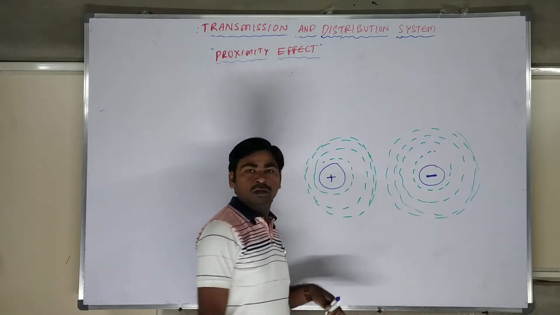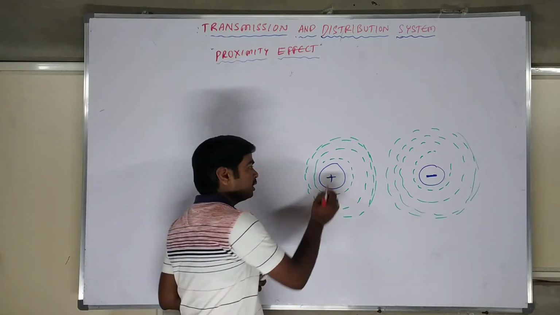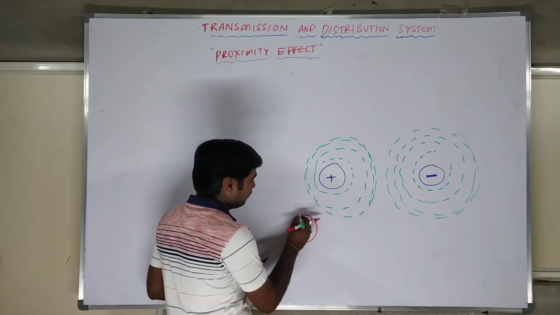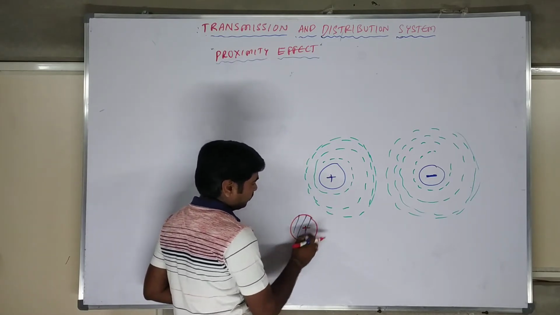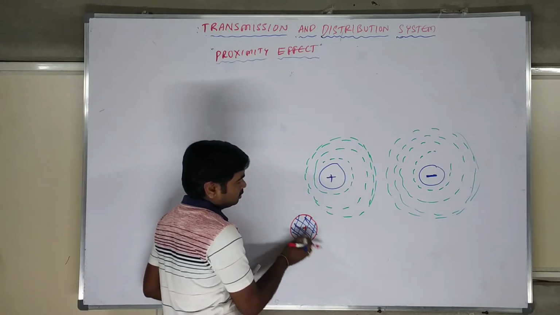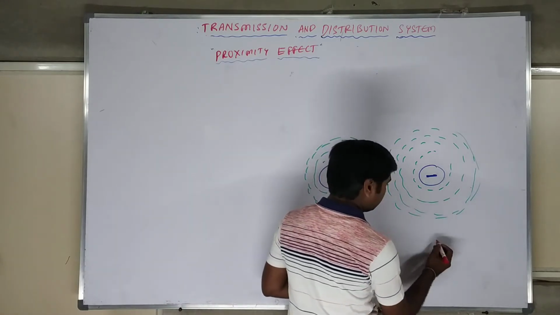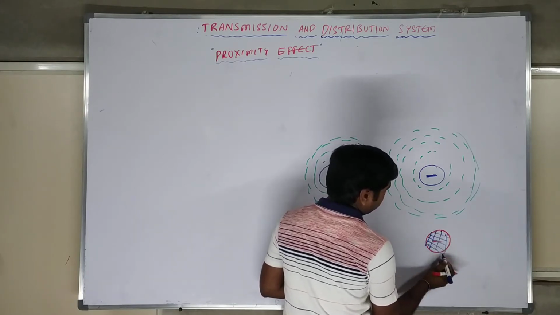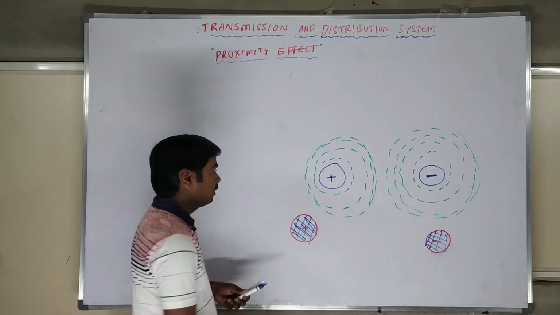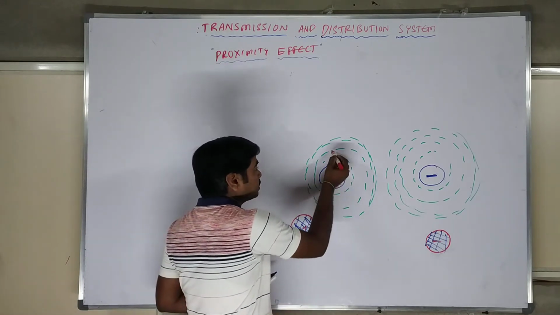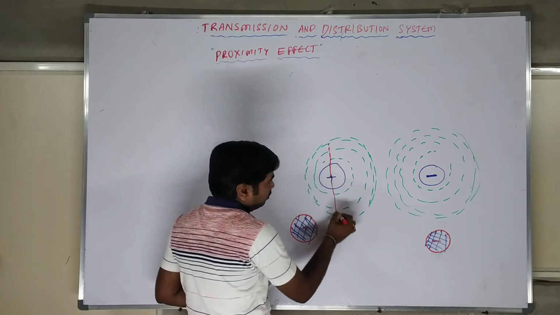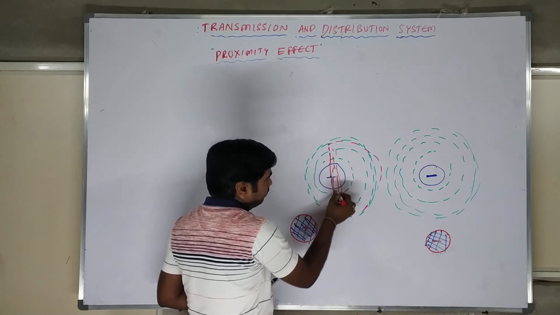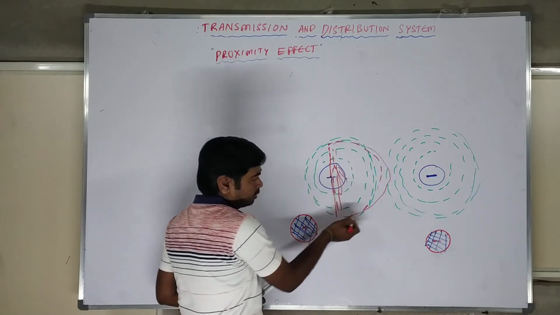So the current flowing in the conductor, before the positive conductor is completely filled with its current carrying capacity and fully charged, and the negative also like that, would flow uniformly through the whole conductor. But the moment they come close, the current will be concentrating on only half of the conductor, because you are trying to attract it towards the negative.